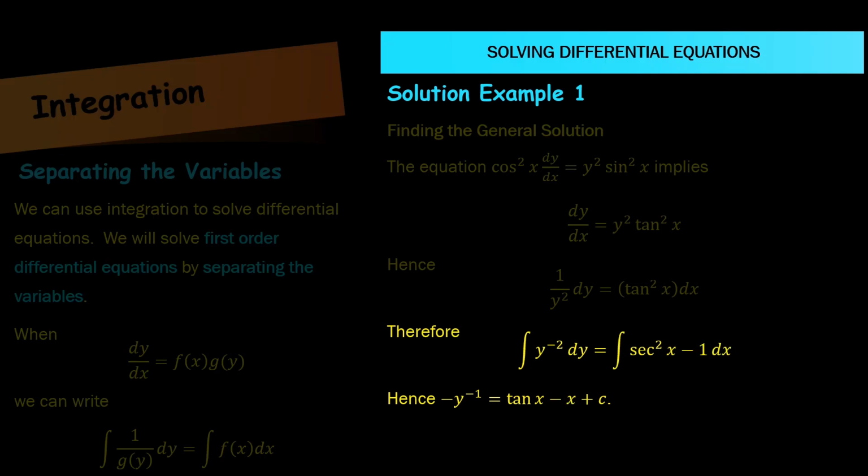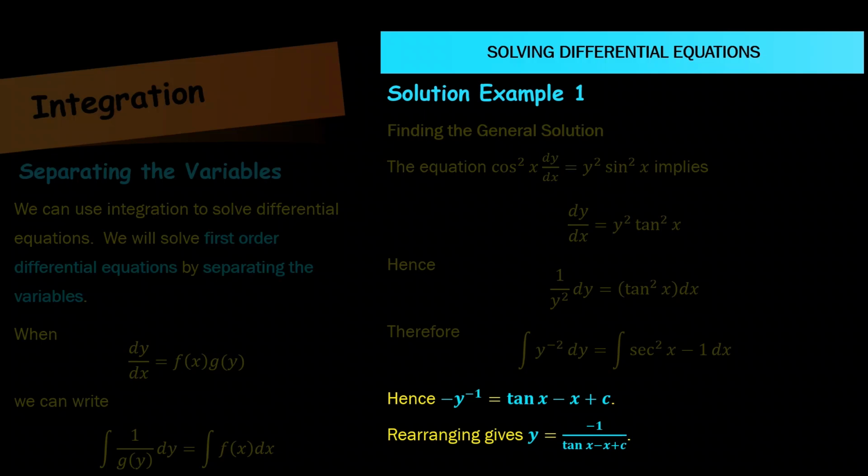And of course we have our constant of integration, c. If we rearrange this, we have y equals minus 1 over tan x minus x plus c. And this is the general solution to our differential equation.